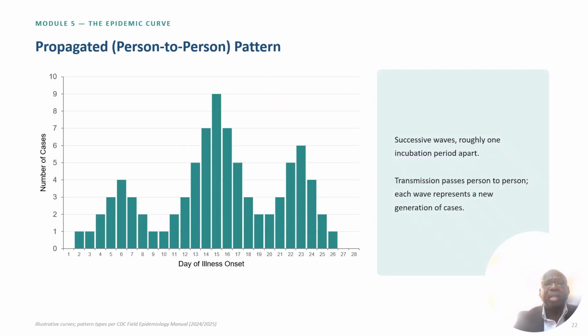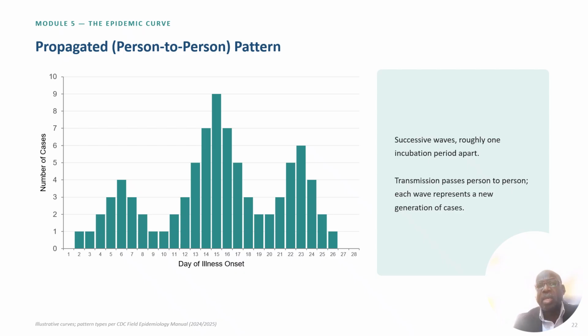The propagated pattern of epidemics usually describes person-to-person infections, and the classical example of this type of propagated epidemic curve is measles, because we know measles has a high secondary cases rate.